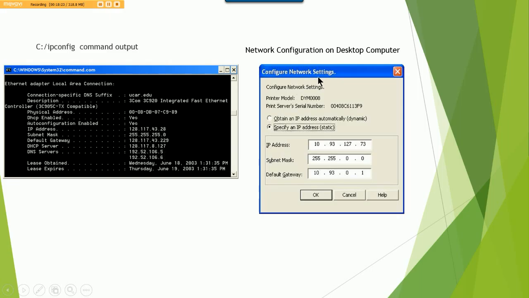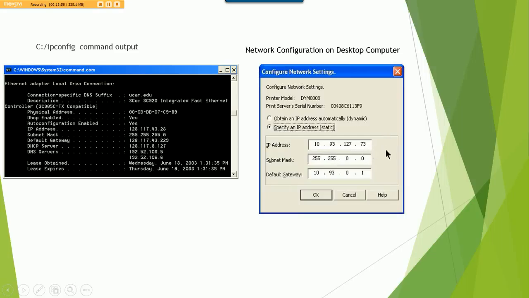Over here we have a network configuration of a static address. So somebody, the IT administrator, network administrator, or someone went into the software on the computer, and they came up to the prompt that would allow them to enter in an IP address, as you see here. The first thing you would have to do is make sure you click this radio button, specify an IP address statically, and then you would type in 10.93.127.73.